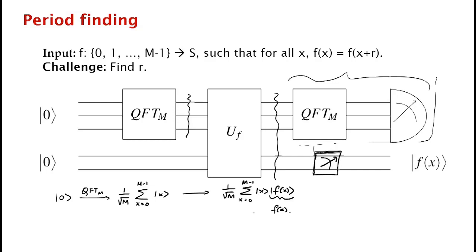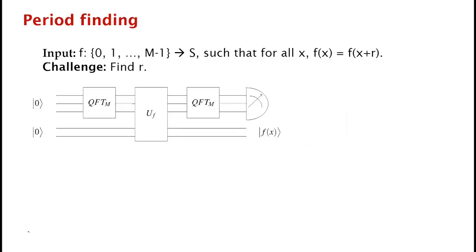So now our shifted superposition is 0, r, 2r, etc. When we do the quantum Fourier sampling, we'll get a random multiple of m over r. Then we repeat this circuit a few times, collect samples, and compute the GCD. The GCD is m over r, and that gives us the period r.